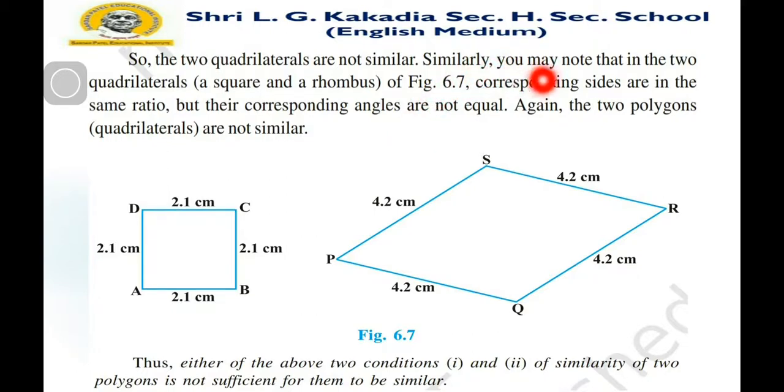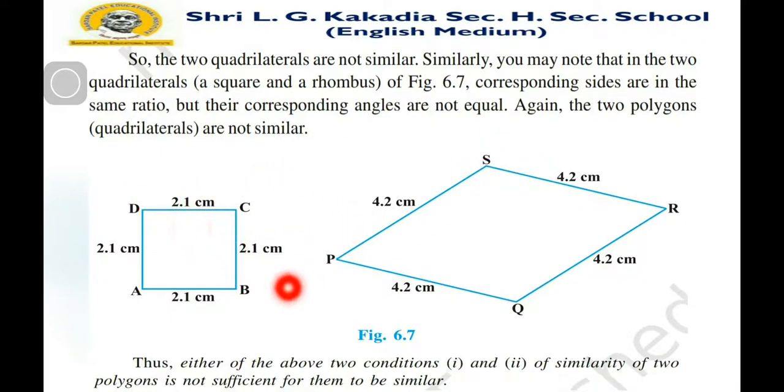Similarly, you may note that in the two quadrilaterals of figure 6.7, corresponding sides are in the same ratio. You can see that AB upon PQ is 1 over 2, BC upon QR is 1 over 2, CD upon SR is 1 over 2, and AD upon PS is 1 over 2.